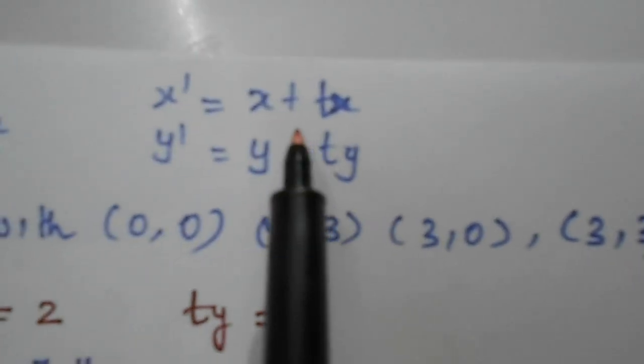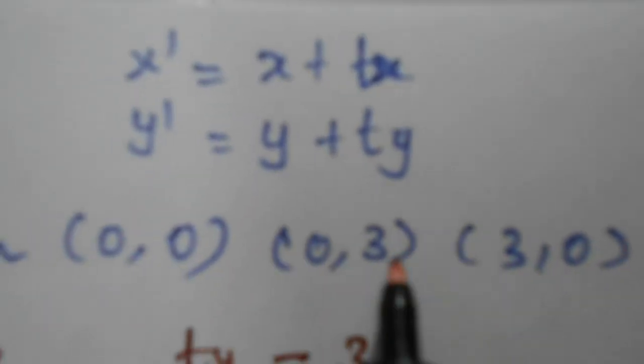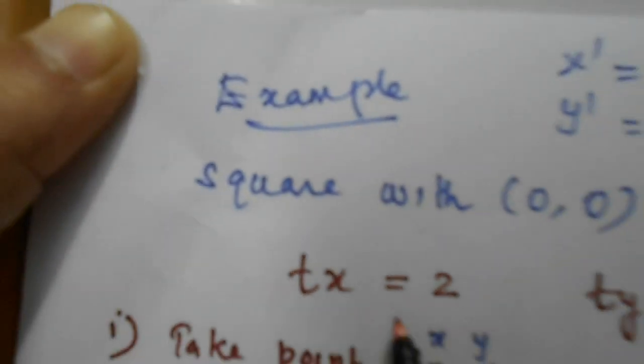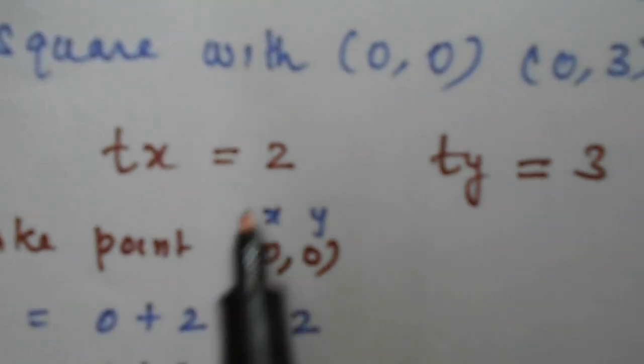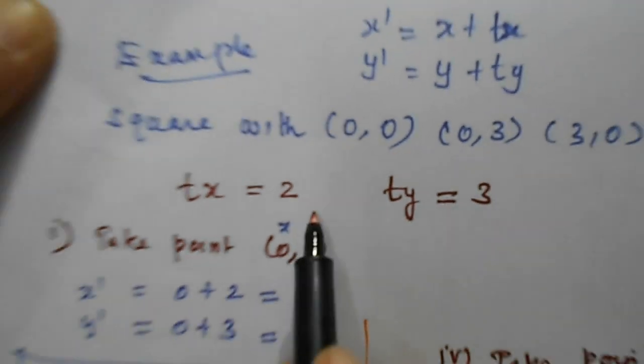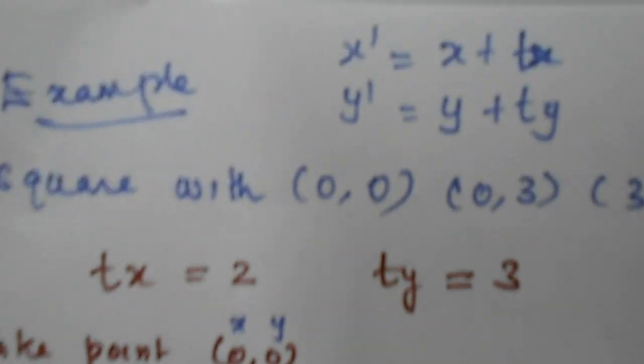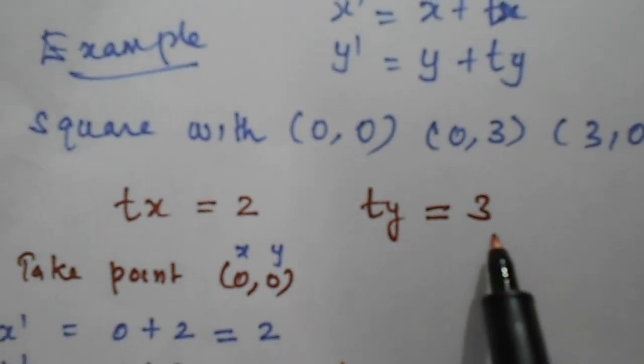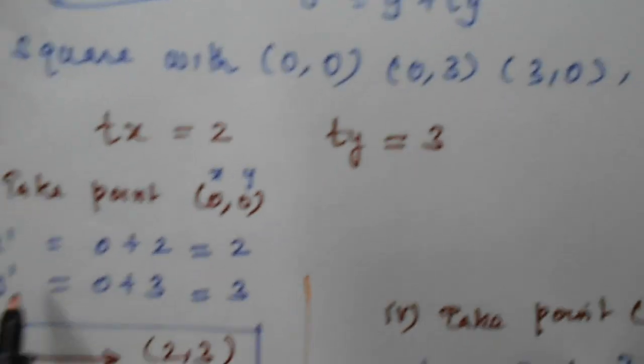We know the translation formula, x dash is equal to x plus Tx, y dash is equal to y plus Ty. Now the object has to be moved 2 units along the x axis and 3 units along the y axis. So Tx is equal to 2, Ty is equal to 3.